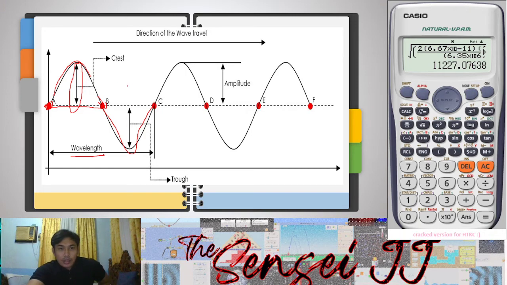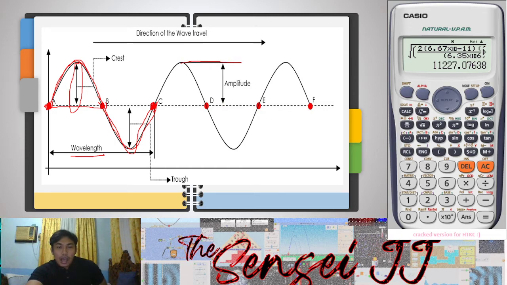So if it is not yet repeating itself, that is not a complete wave. The repeating of itself is going to our crest, to our trough, and going back to our reference line. So that is one complete wavelength. The height is what we call the amplitude.